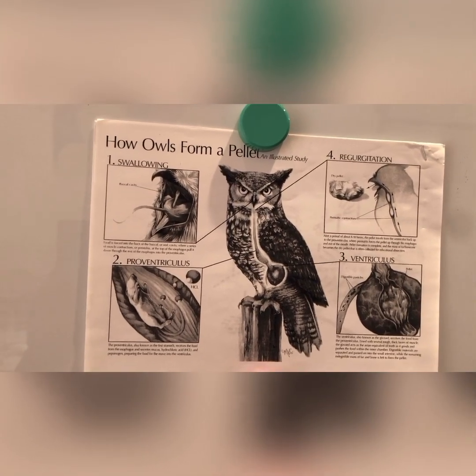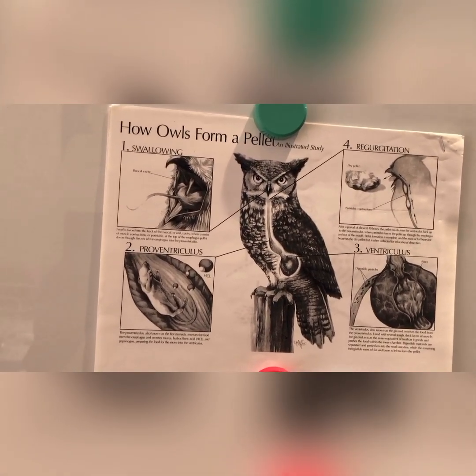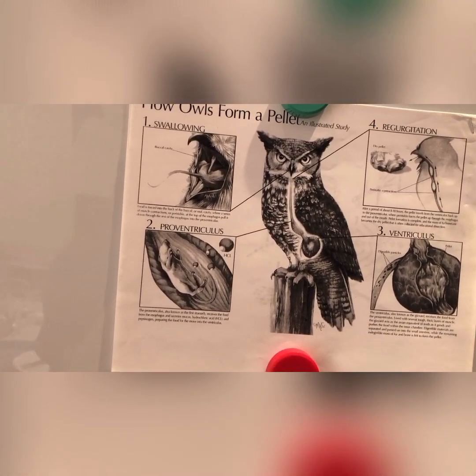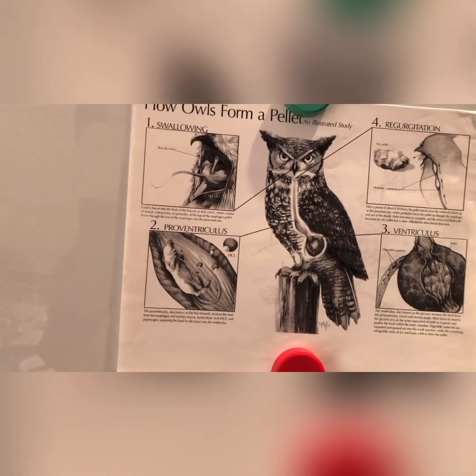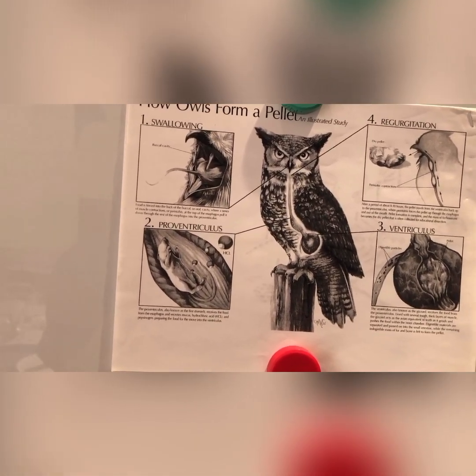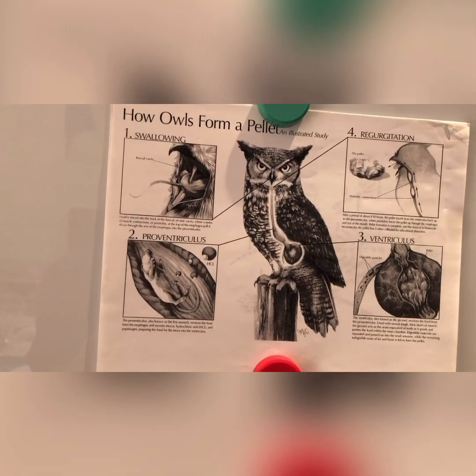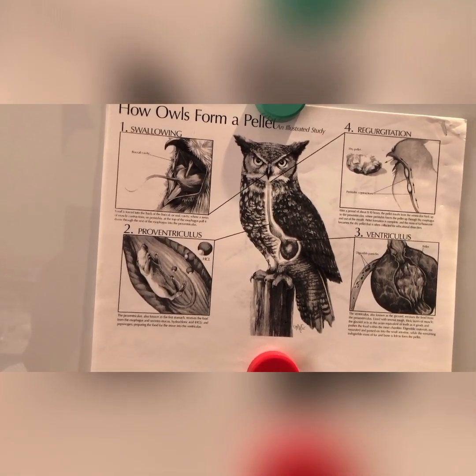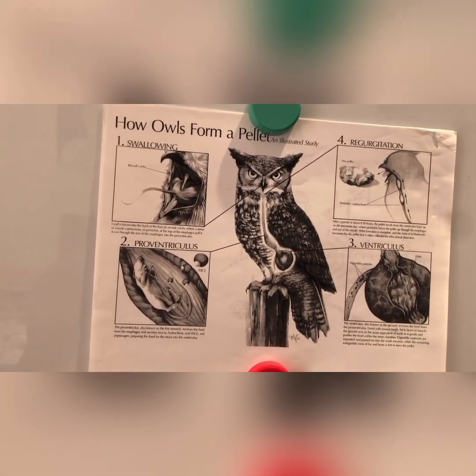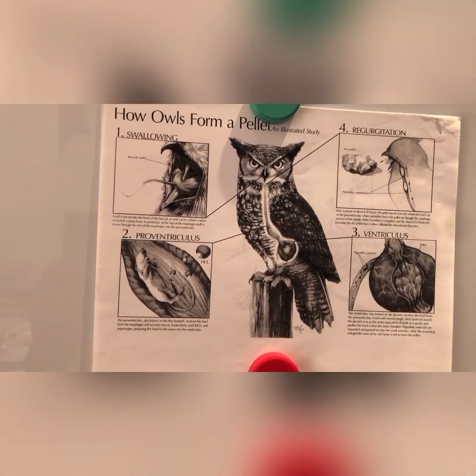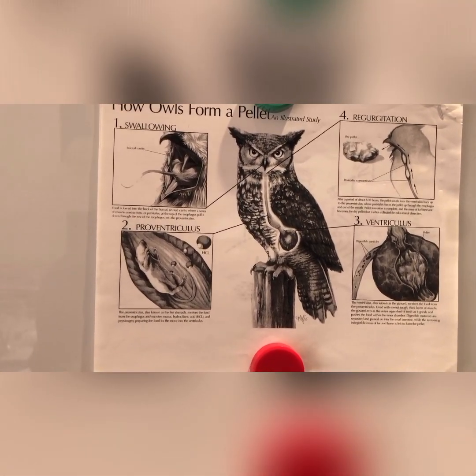Owls feed early in the evening and regurgitate in a single pellet approximately 20 hours later. The weak stomach muscles of the bird form the undigested fur, bones, and feathers into wet, slimy pellets. In this process, even the most fragile bones are usually preserved unbroken.